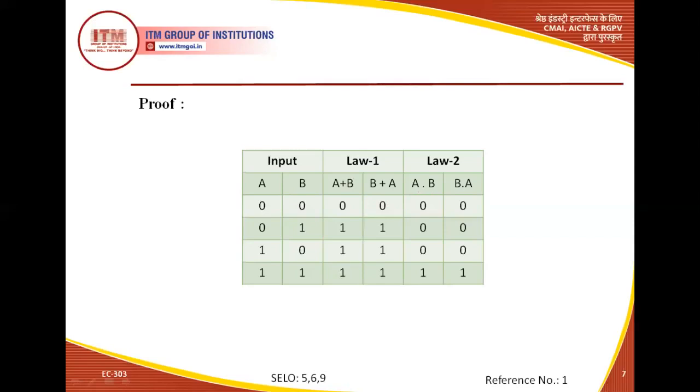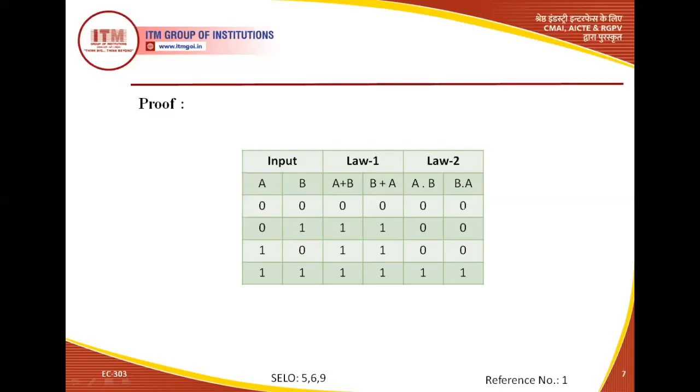Similarly, we can see the operation A and B. That means 0 and 0 is 0, 0 and 1 is 0, 1 and 0 is 0, 1 and 1 is 1. Similarly, we perform the operation B and A: 0 and 0 is 0, 1 and 0 is 0, 0 and 1 is 0, 1 and 1 is 1.